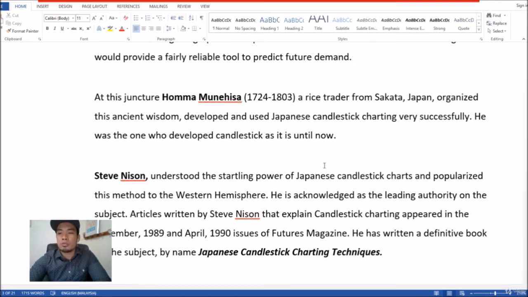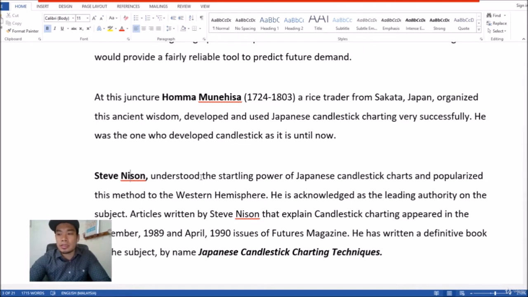And the one who is responsible for bringing this candlestick chart from the Japanese to the Western world is a person named Steve Nison. He is still in the US right now, so you can Google his name and you will find Steve Nison, the founder of Japanese candlestick chart techniques.